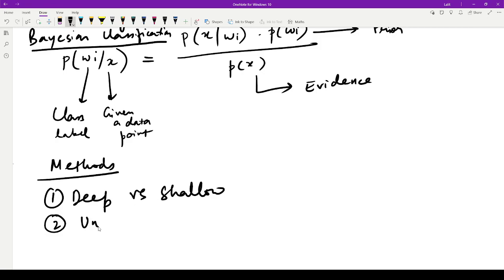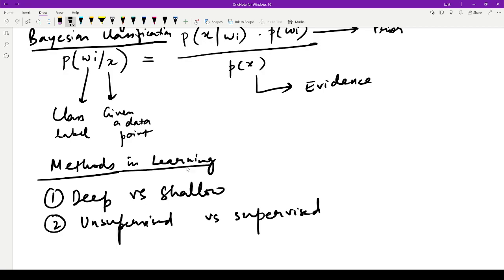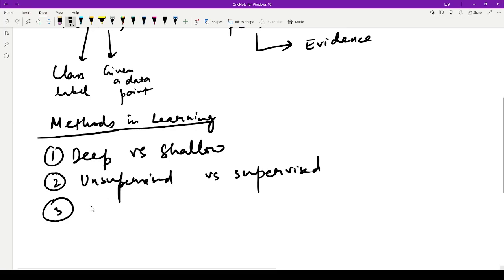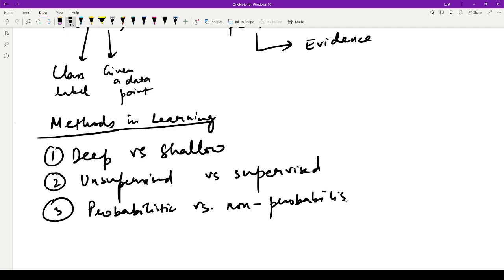On top of this, there was unsupervised versus supervised learning, and then there are methods which directly use probabilistic approaches, probabilistic versus non-probabilistic.